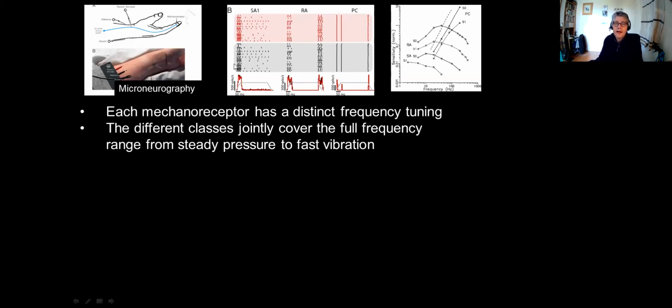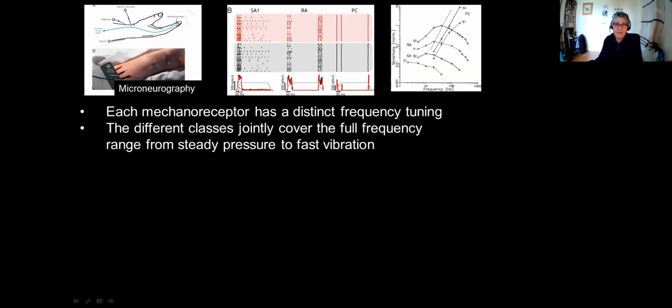So here is the indentation of the skin in gray, and here is the response of a slowly adapting neuron, a rapidly adapting neuron, and a Pacinian corpuscle. In these upper plots, a single row is a trial, one recording, and each tick is an action potential or electrical impulse.